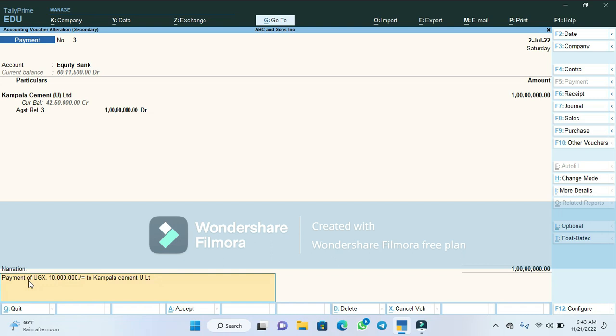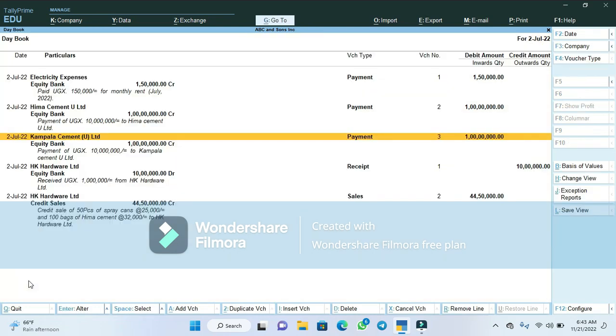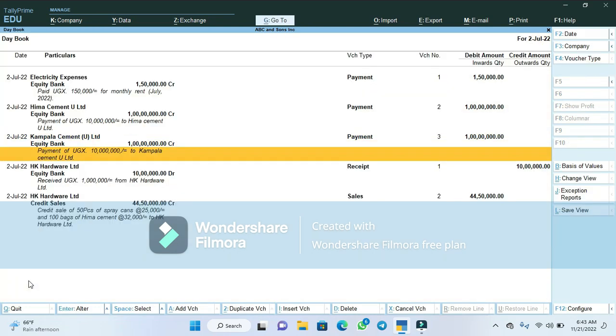So this is after the auditor realized that there is a narrative note missing and is skeptical of why. Was it due to the forgetting of the accountant who was entering these details or not? So you can say enter and say yes. You can see it has now been included here as well: payment of 10 million Ugandan shillings only to Kampala Cement Uganda Limited.